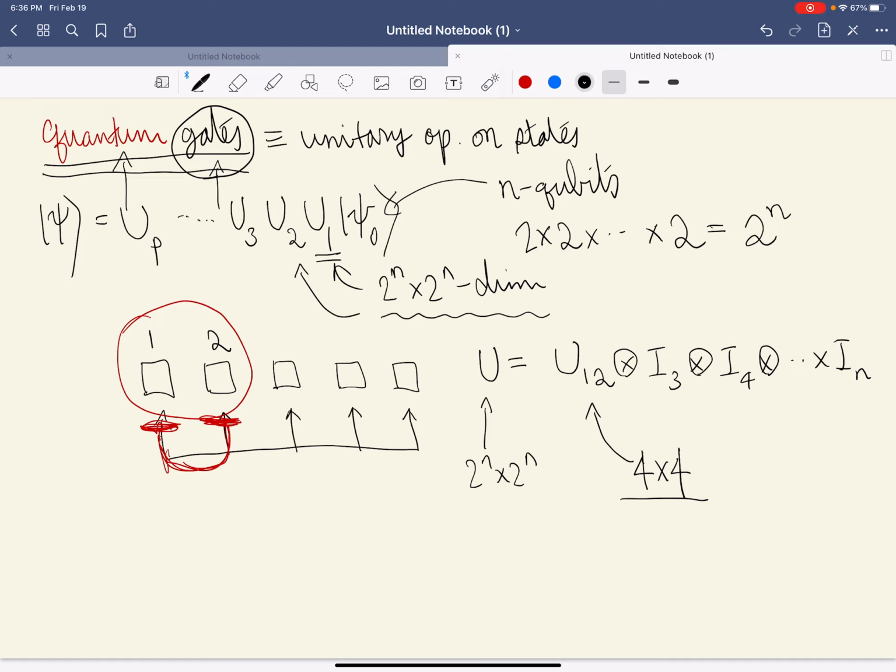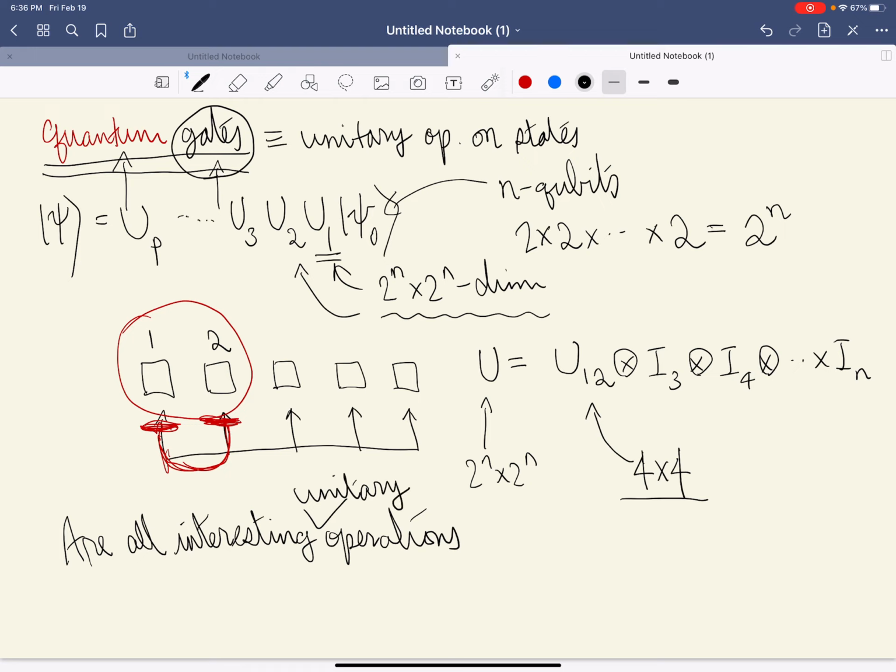But then the question arises: are all interesting operations, and when we say operations, we of course mean unitary operations, made up of 2-qubit operations? So the question is the following.